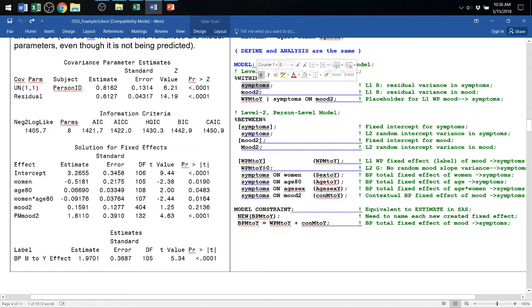So here's symptoms listed by itself in the within model. That's my level 1 residual variance in symptoms. Likewise, mood 2 listed by itself is my level 1 residual variance in mood. The relationship between them at level 1, I have given a name of within person M to Y here, and I have symptoms on mood.